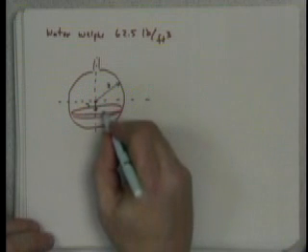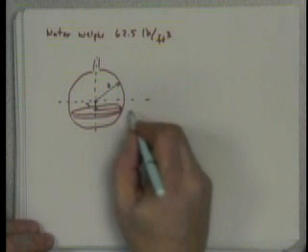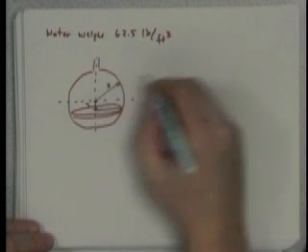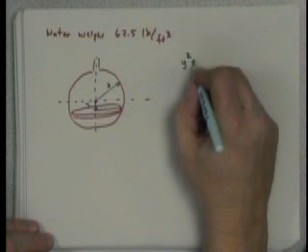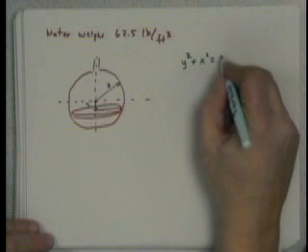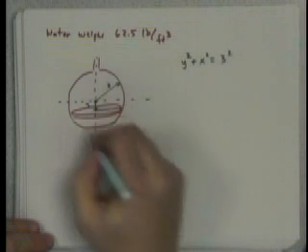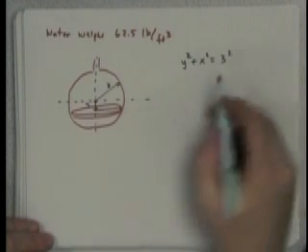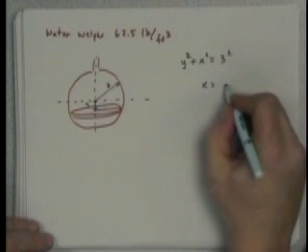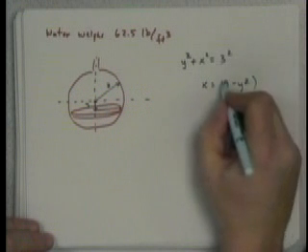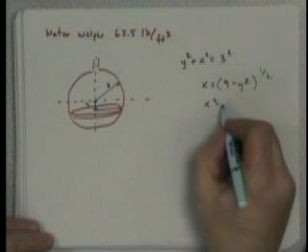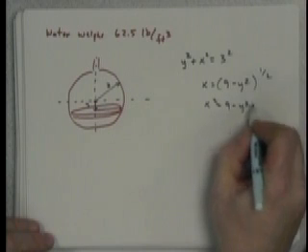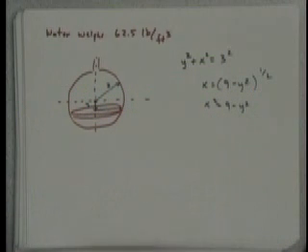The radius of my slice: the formula for the circle is y squared plus x squared equals 3 squared. So x squared is going to be 9 minus y squared.